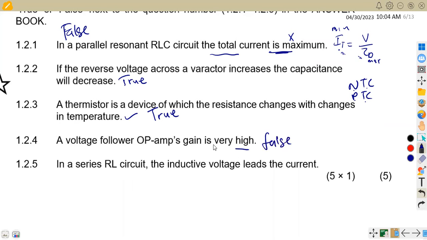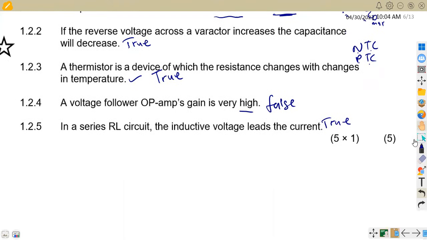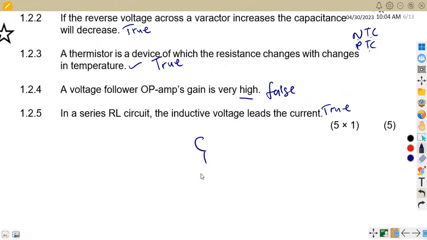In a series RL circuit, the inductive voltage leads the current, which is true. So we can take this from our CIVIL, like this. All right. If we are dealing with an inductive circuit, this is where we have got inductance, on this part.